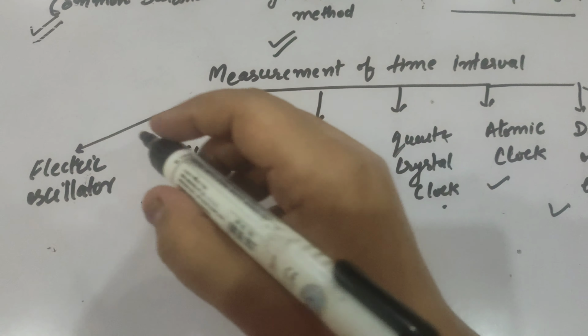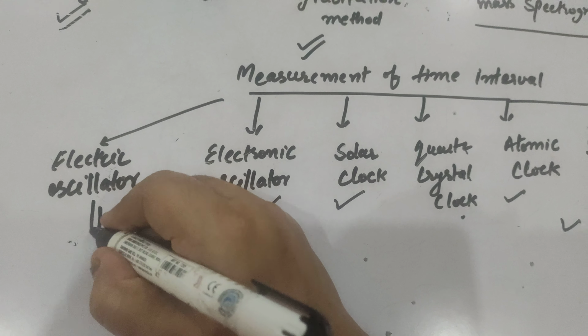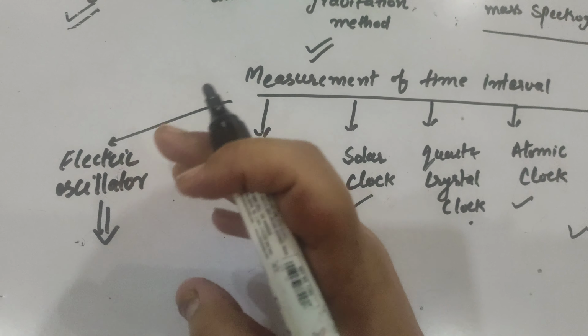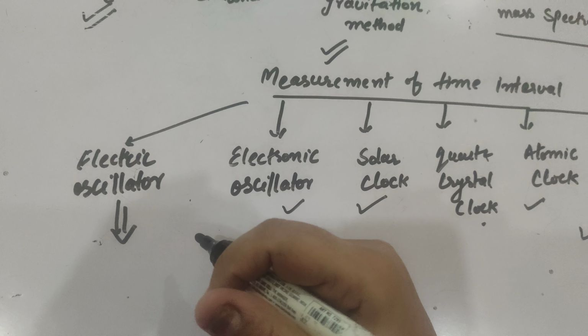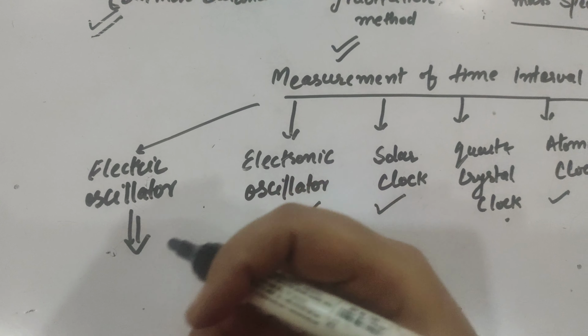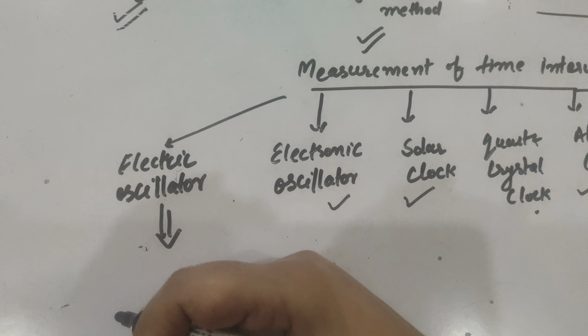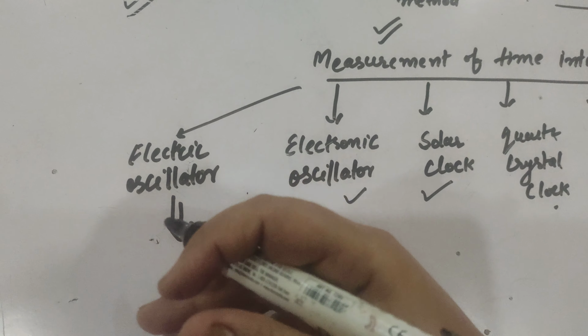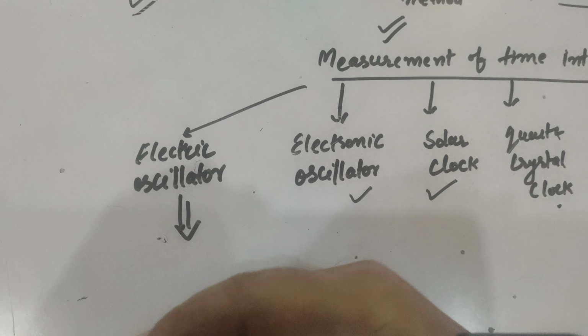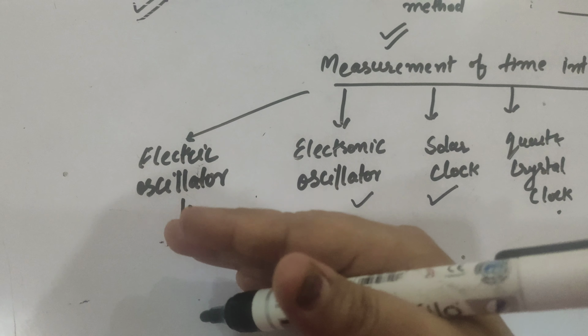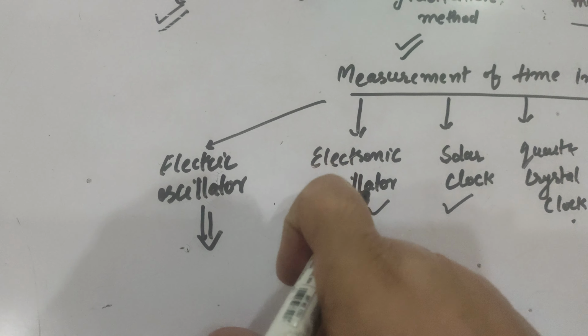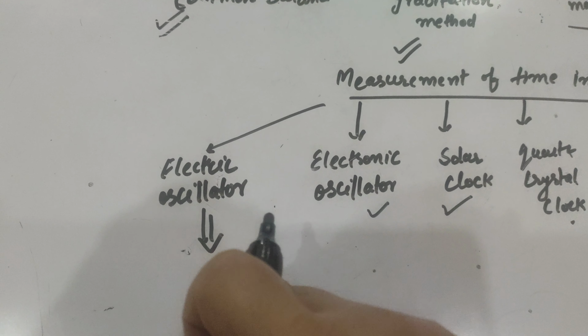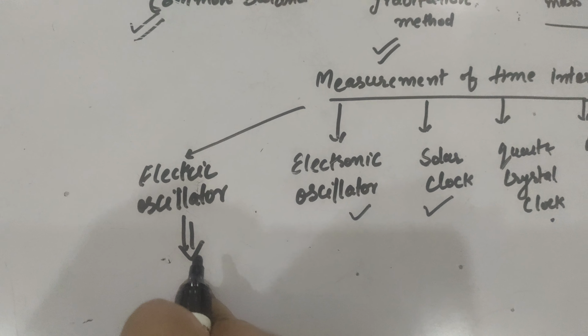Right, electric oscillator, as the name specifies, is an oscillator which uses high frequency oscillations, and that rotation of a motor, which rotates at a regular interval of time, is taken as the base of the time measurements.